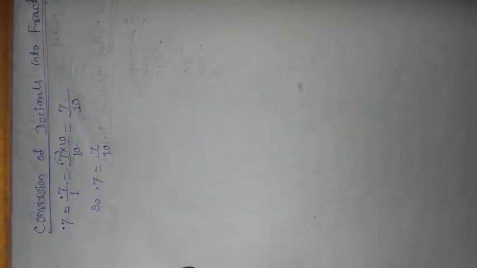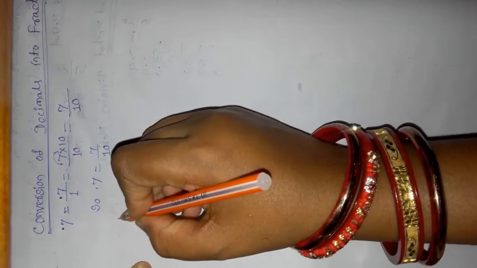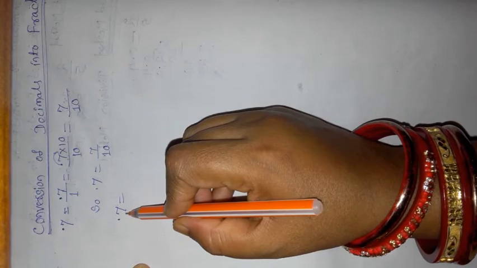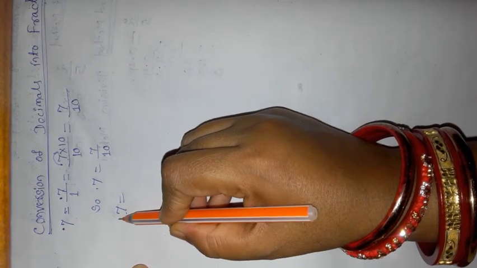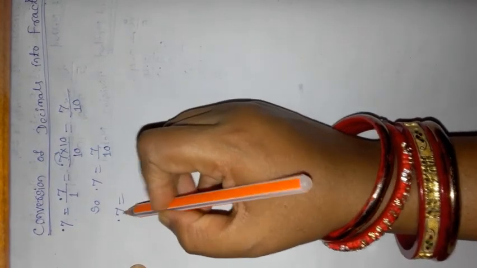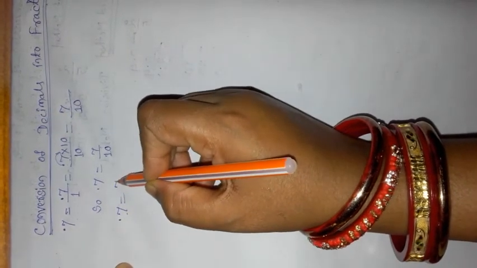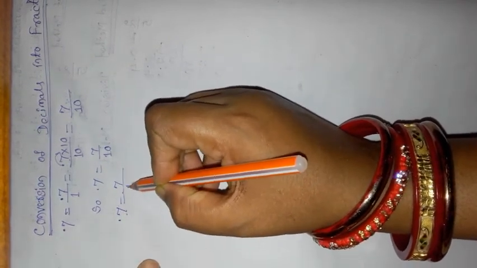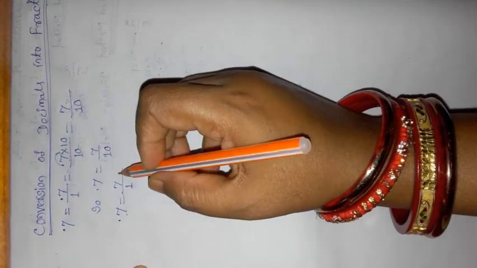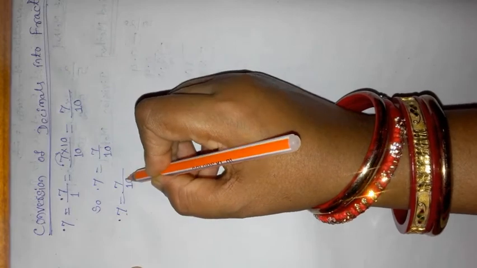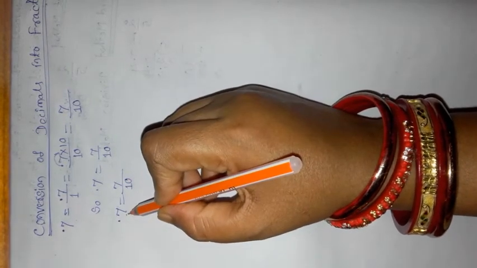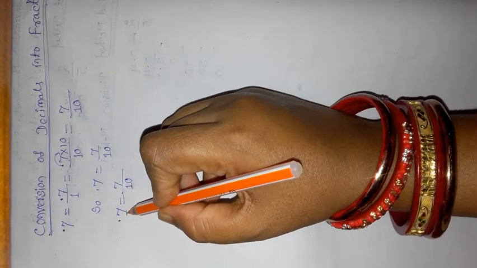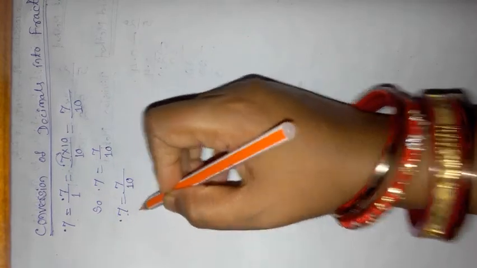Simply we can say that, it is 0.7. So count the number of places after the decimal point and write down the digits without the decimal point in the numerator, and write down in the denominator 1 or put 0, which is equal to the number of places in the decimal number.